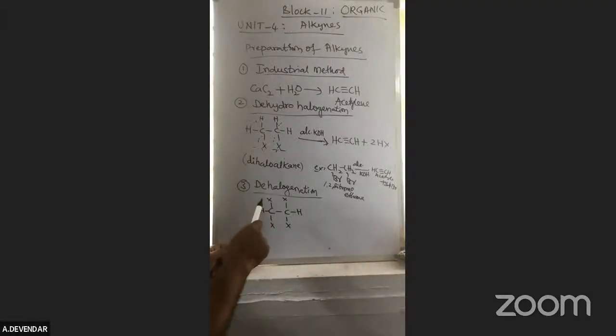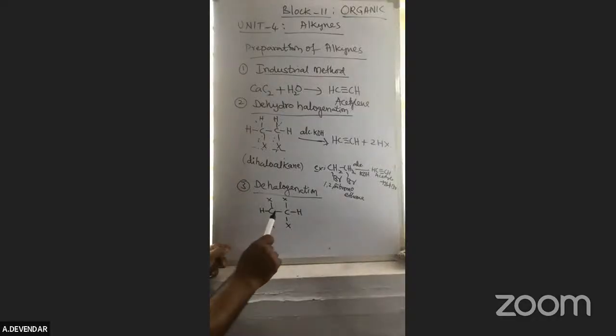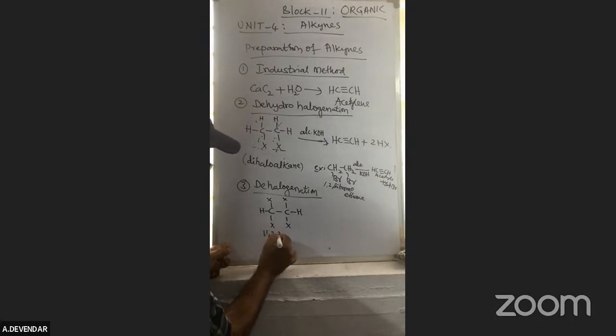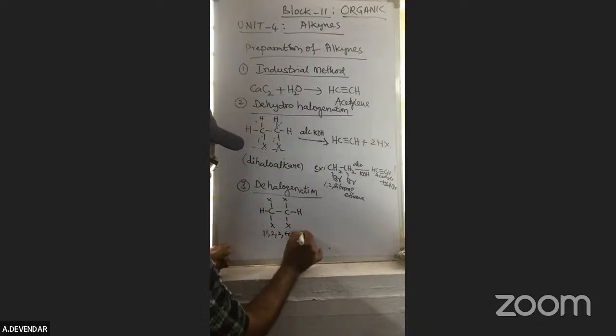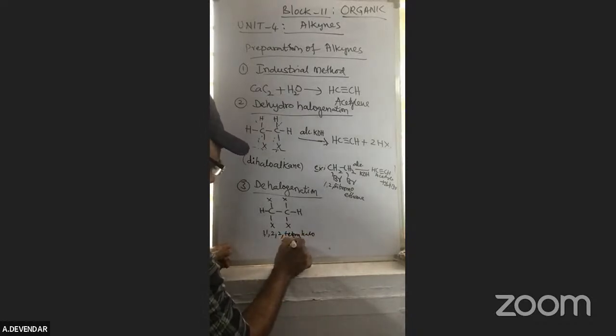So total how many? Tetra. Tetrahaloalkane. Okay, so 1,1,2,2-tetrahaloalkane. That's all.